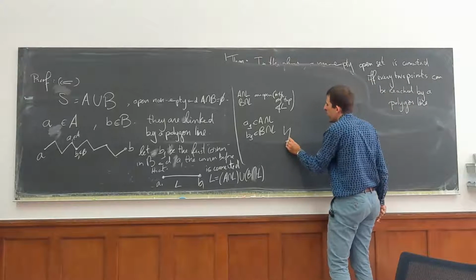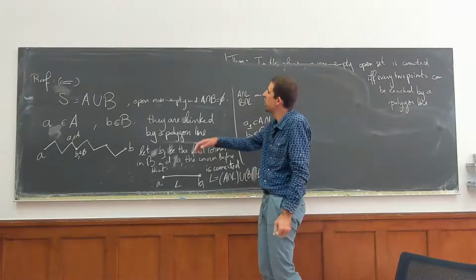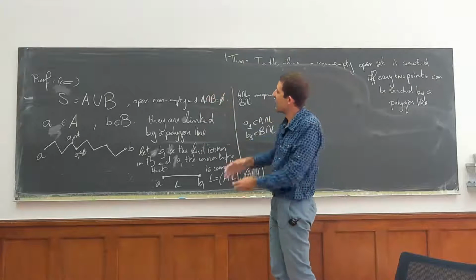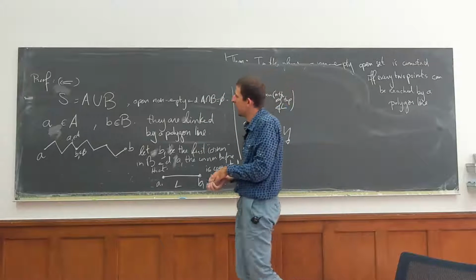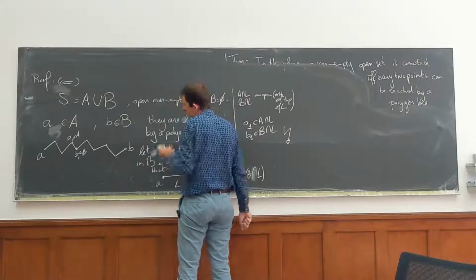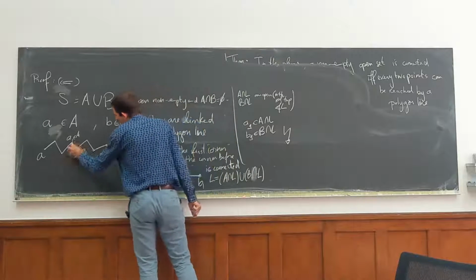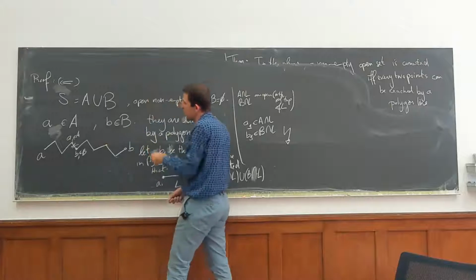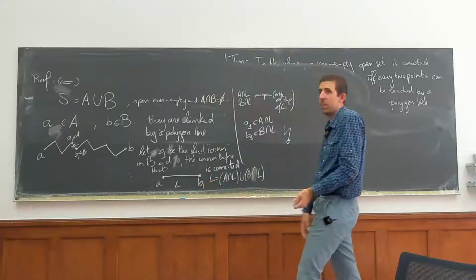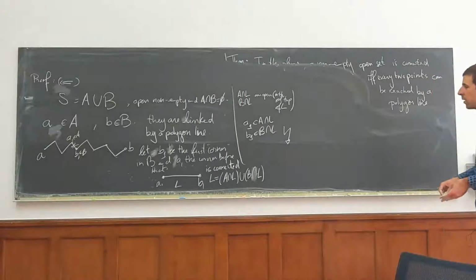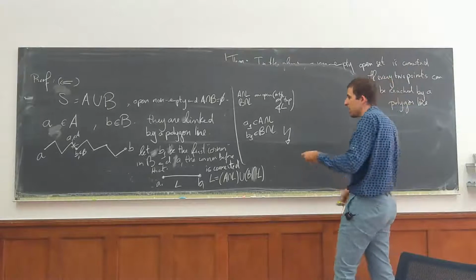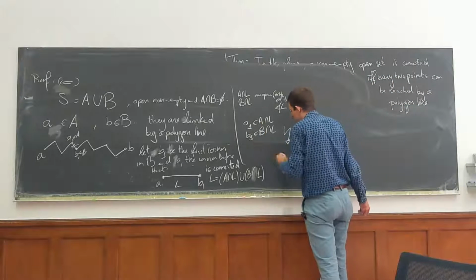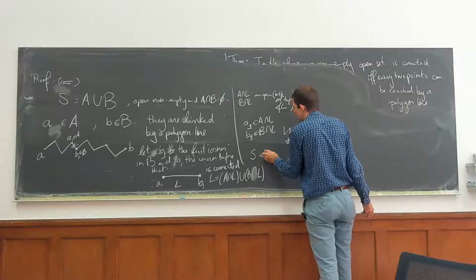Because what we showed is that if S wasn't connected, if this partition existed, then there would be a way to partition the line with open sets, and we know that isn't the case because we just showed that. And so this must mean that there's something wrong. S is connected.